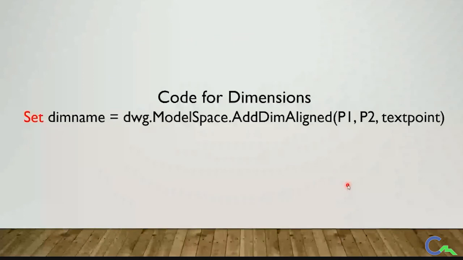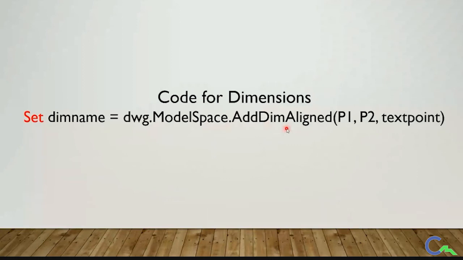Once you have got all the points, you have got the linkage, you have extracted the values from Excel, after everything, the final step is dimension. So how will you code for dimension? Last time we saw coding for a line, where it was dwg.ModelSpace.AddLine, AddPolyline, AddLightWeightPolyline.